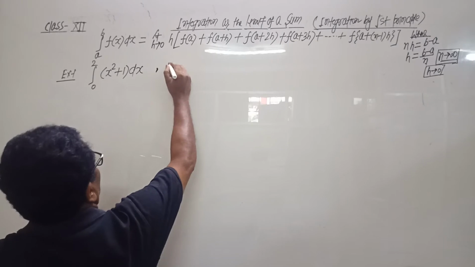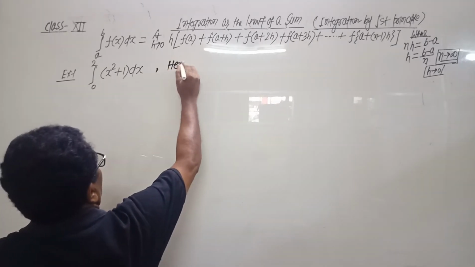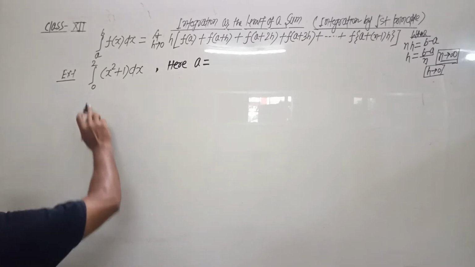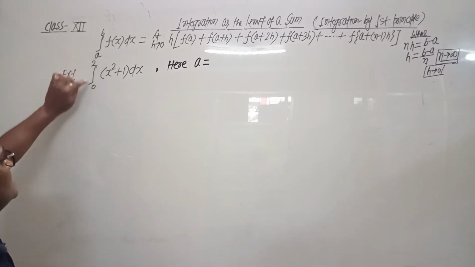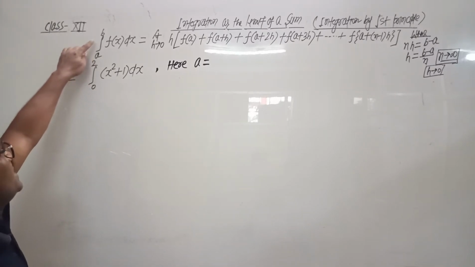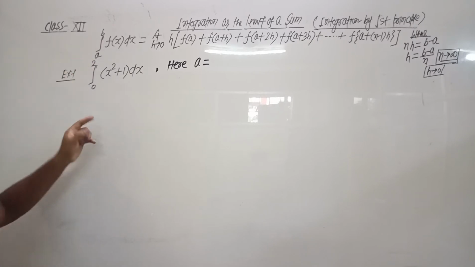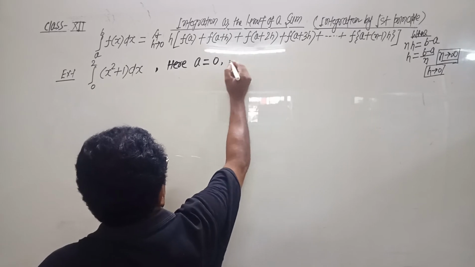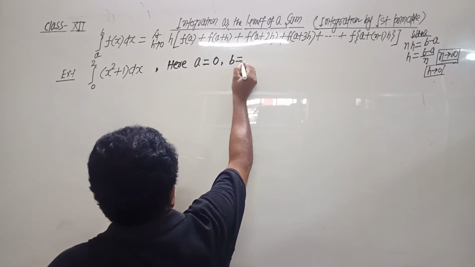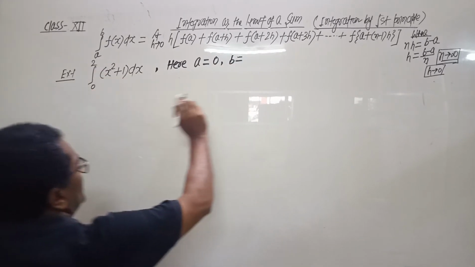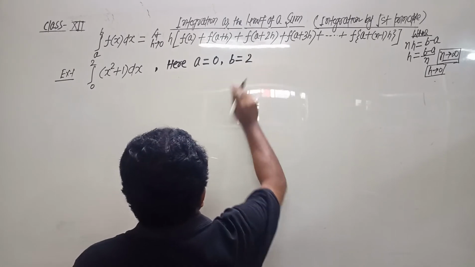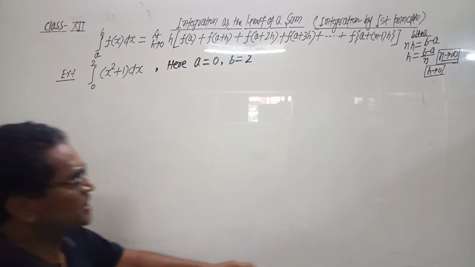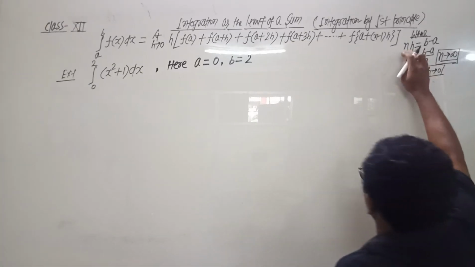So here, A means lower limit and B means upper limit. In our question, the lower limit, the value of A, is 0 and the upper limit, the value of B, is 2. So we will calculate nh.